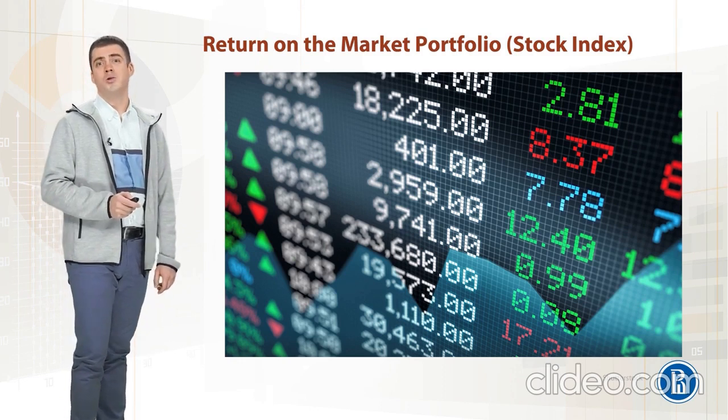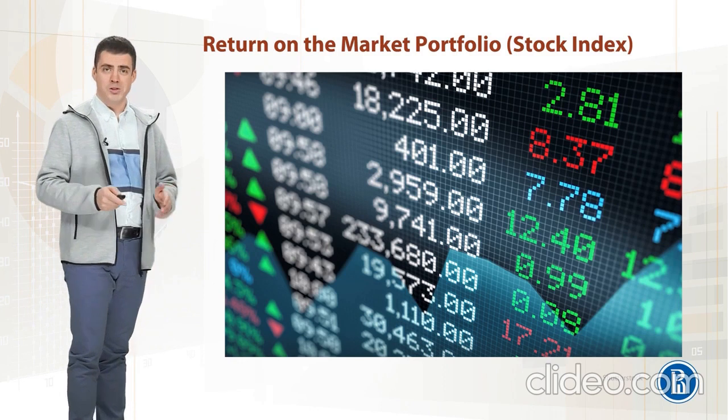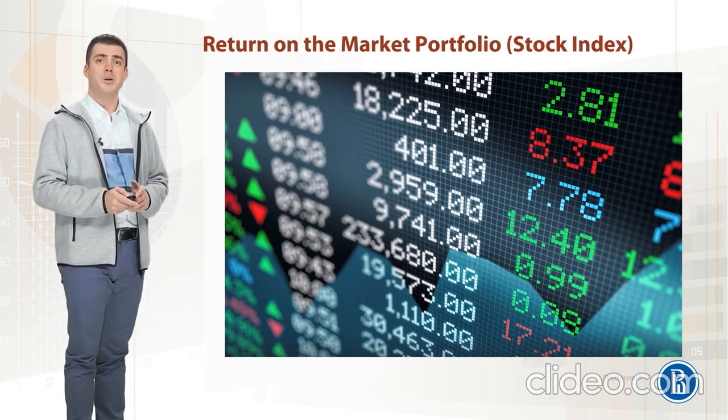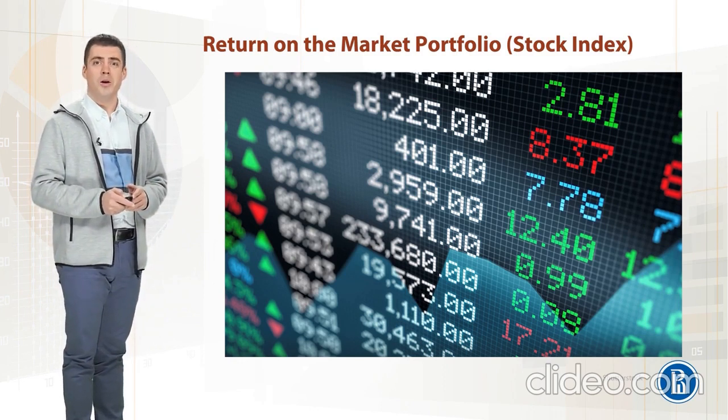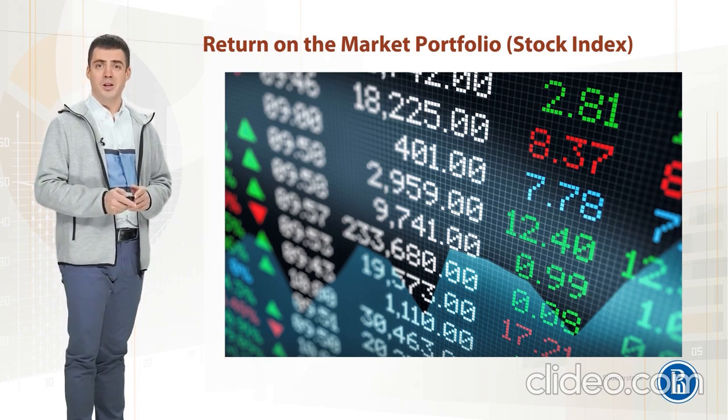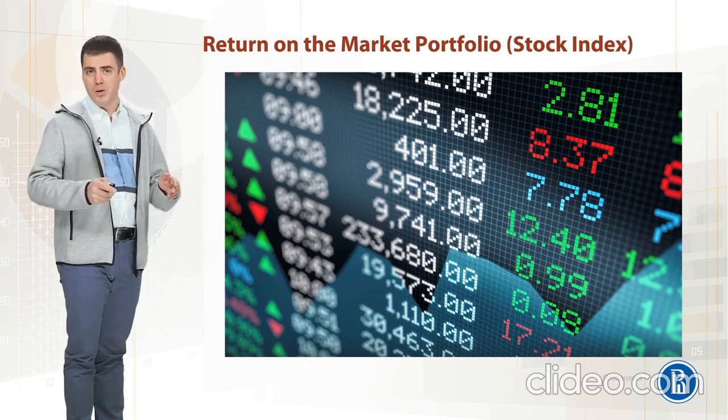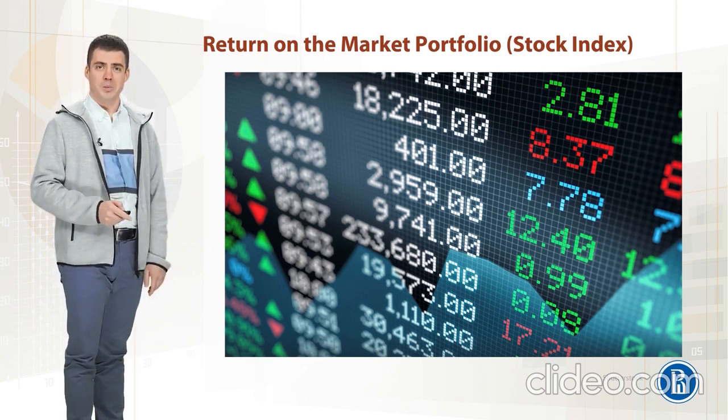Of course, no need to argue that one of the most obvious and commonly used proxies for the market return is the broad market index, which contains a relatively big number of the most liquid stocks available at the national market.